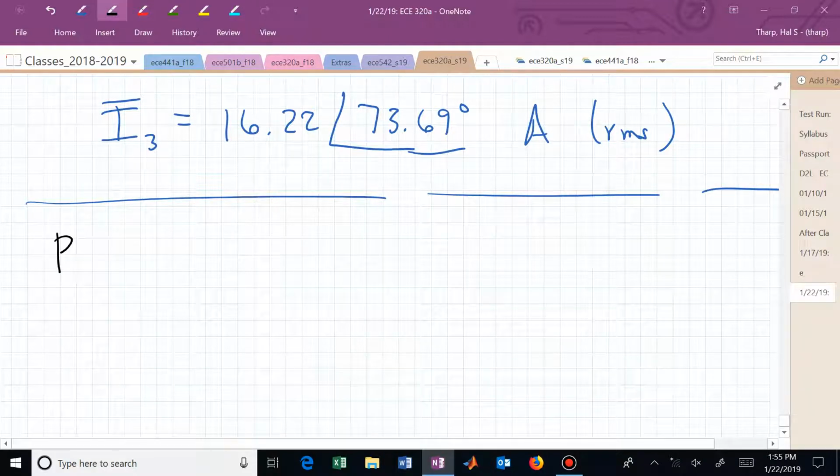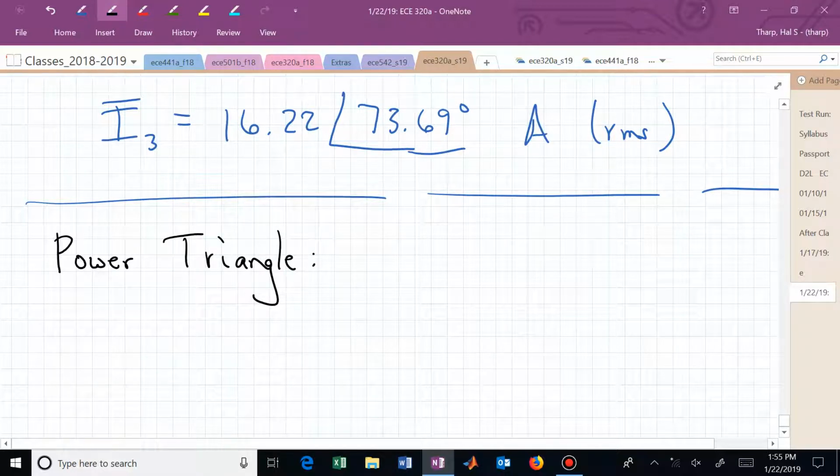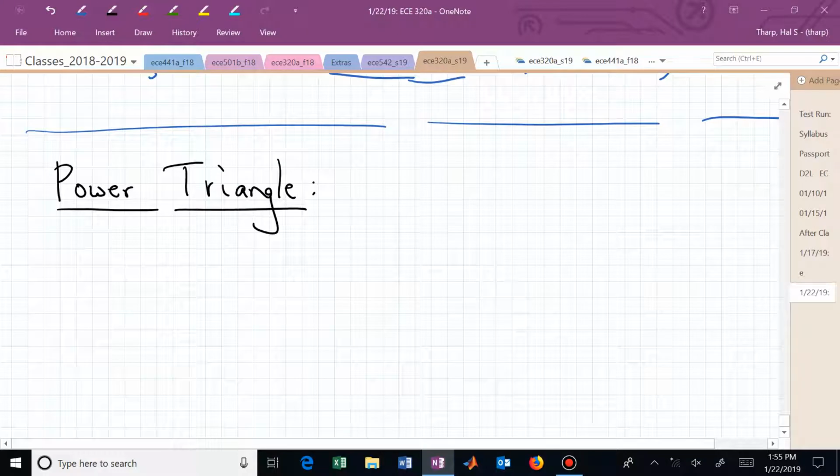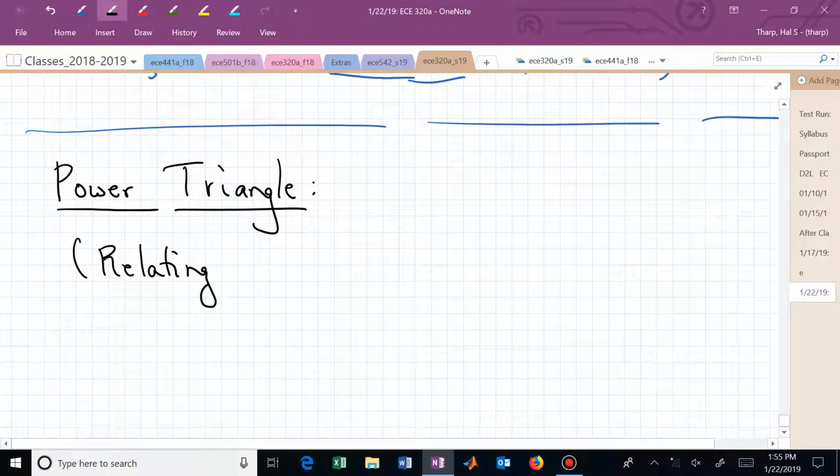Let's now return to this power triangle and really just remind ourselves of the relationship between all of the parts or sides of this right triangle that forms our power triangle. So now we're relating different power components.